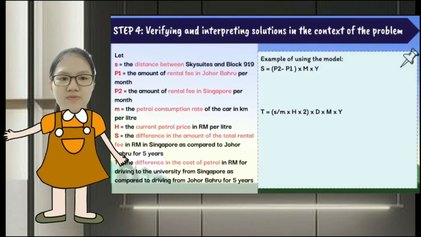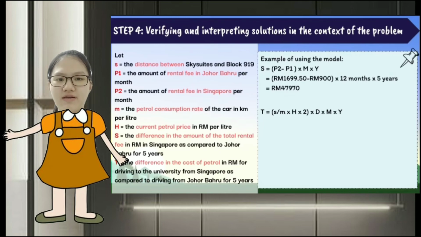S equals P2 minus P1 times M times Y, which is 1,699 ringgit 50 cent minus 900 ringgit times 12 months times 5 years. Then we'll get 47,970 ringgit.